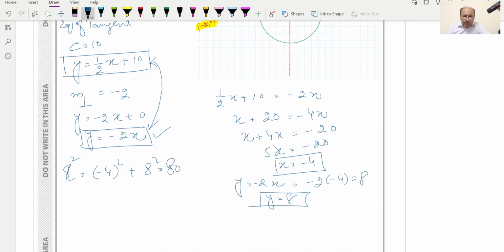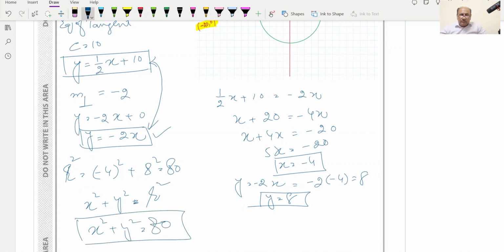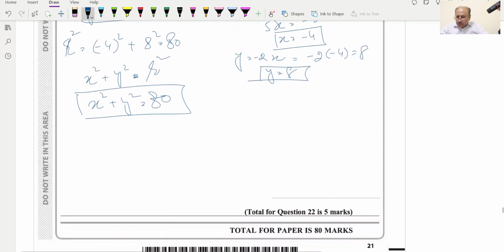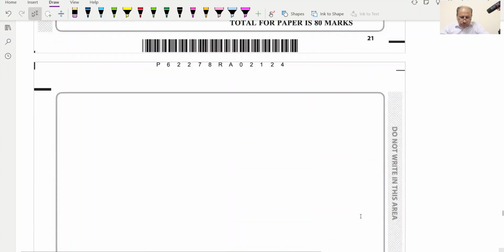So the r squared value is 80, and we know x squared plus y squared is equal to r squared, so x squared plus y squared is equal to 80. This will be our equation of the circle which is required.